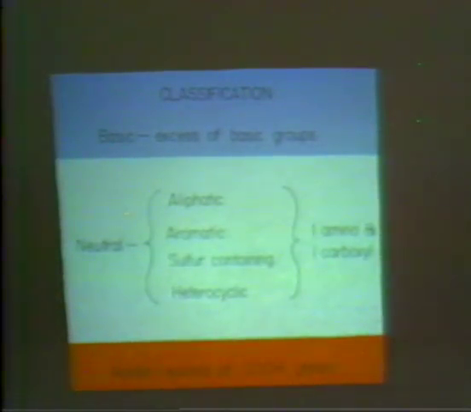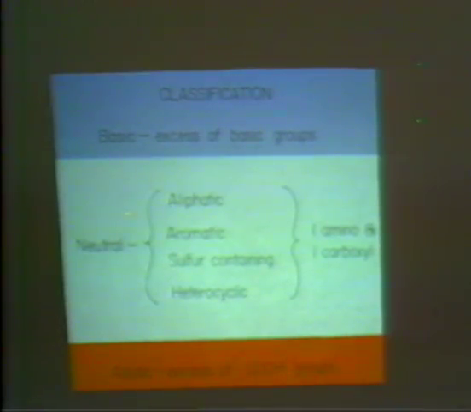Our second major class of amino acids is the acidic amino acids, having an excess of carboxyl groups, usually 2 carboxyl groups and 1 amino group. But the excess of carboxyl groups to amino groups gives this acidic characteristic to the structure.